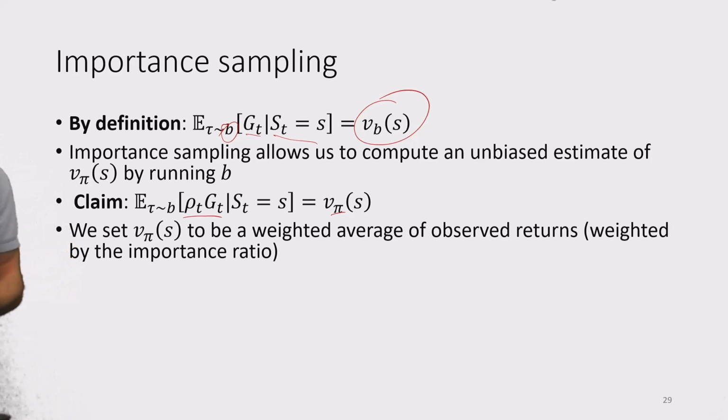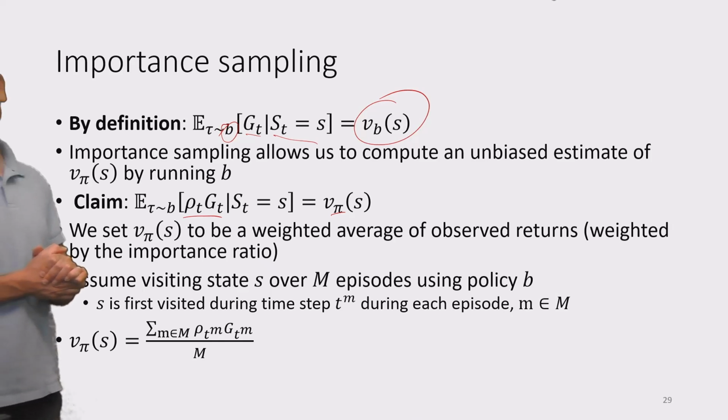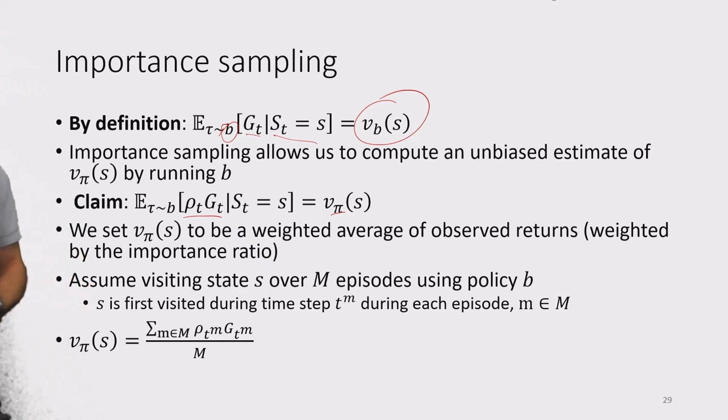And again, these are observed returns after following a behavioral policy B. If we assume that we visit state S over several episodes, m different episodes, and in each one of these episodes we use a behavioral policy B, then we can set V pi s as simply the average of the importance sampling weighted returns. And this is what we do in any importance sampling algorithm.